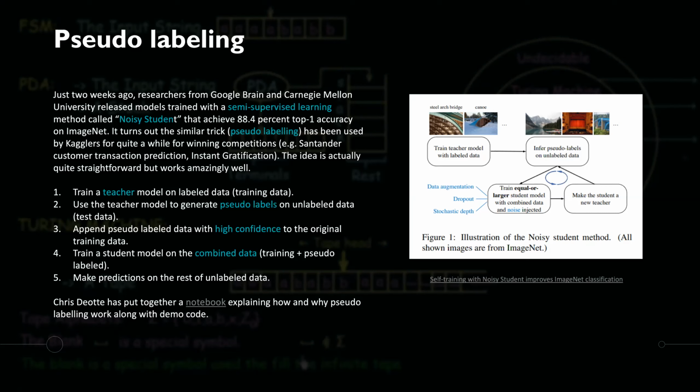Then we append those labeled data from test to the original training data set, and train a student model on the combined data set, which consists of both the training data and the pseudo-labeled high-confidence data from the test data set. Then we make predictions on the rest of the unlabeled data, and repeat the process again and again. This is what Google called Noisy Student. Sounds quite simple, but very, very effective.